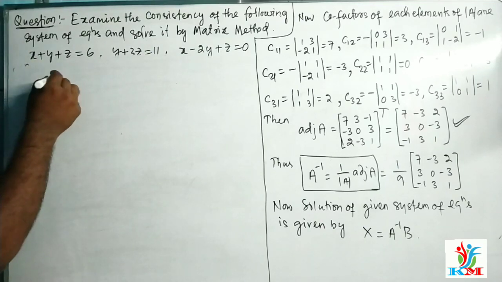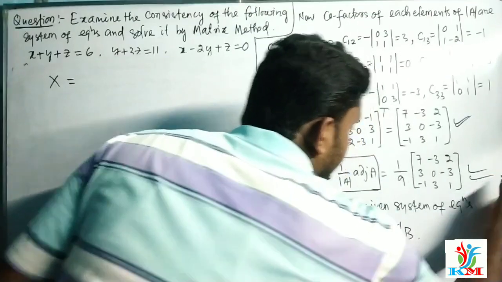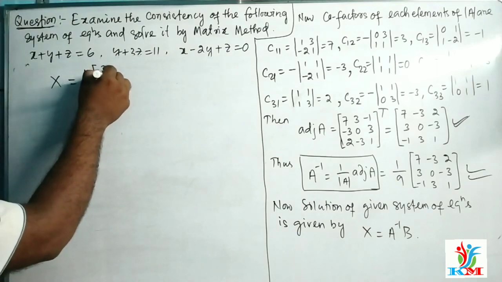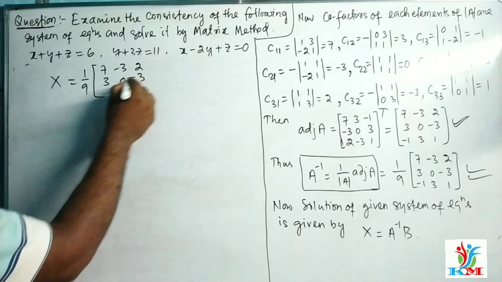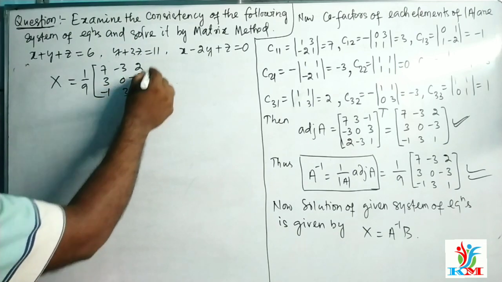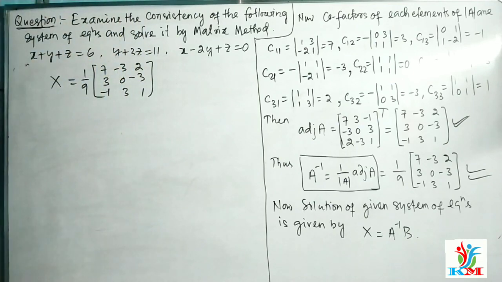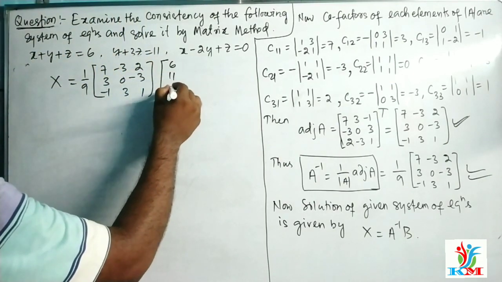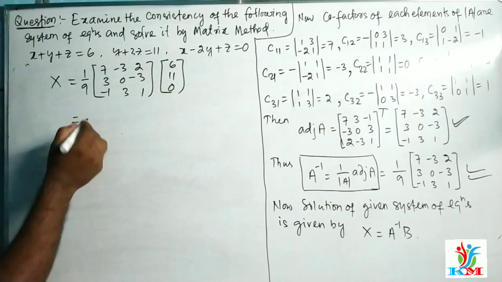Okay, so look at here how to find this solution. x is equal to A inverse. Here we get the A inverse, that means 1 by 9 multiplied with the matrix 7, minus 3, 2, 3, 0, minus 3, minus 1, 3, 1, multiplied with the matrix B on the right side, that means 6, 11, 0. Now multiply these two matrices.